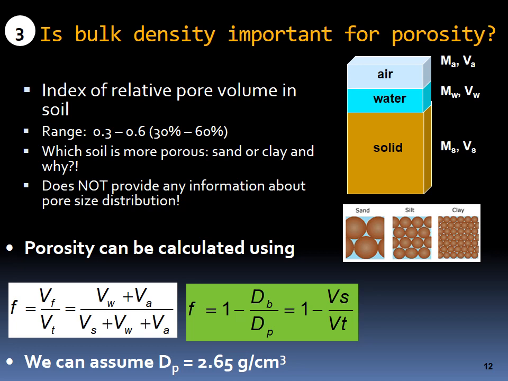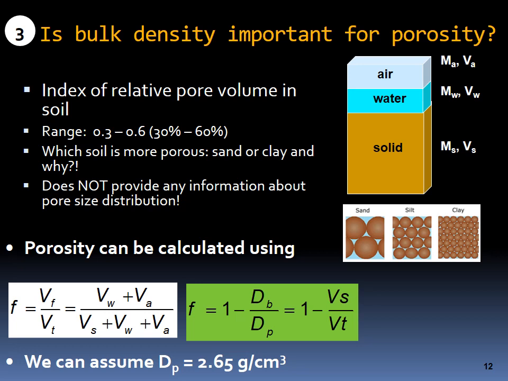Or you can use another equation, which actually is this one. So the porosity can be 1 minus dB, which is the bulk density, divided by dP, which is the particle density. Or you can use 1 minus Vs over Vt, and that would give you the porosity. So you can calculate the porosity by these three equations.